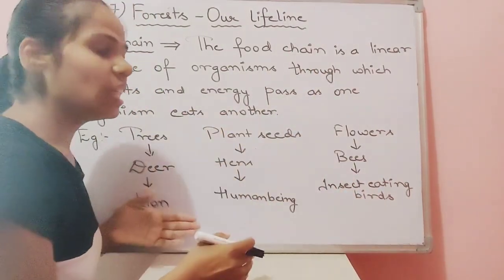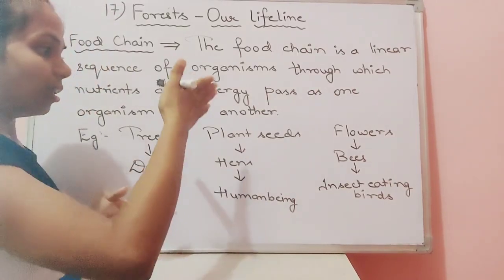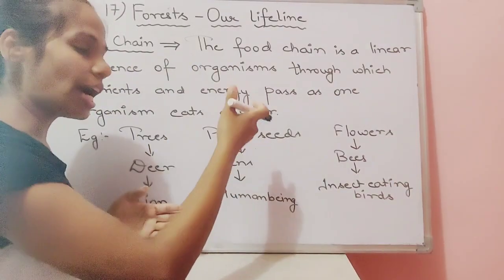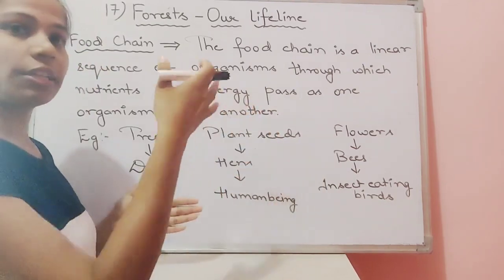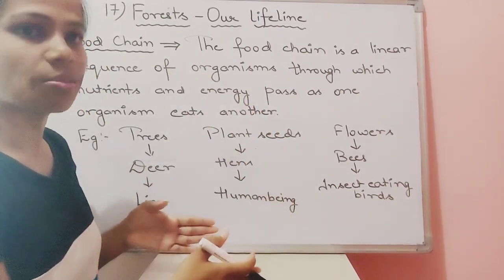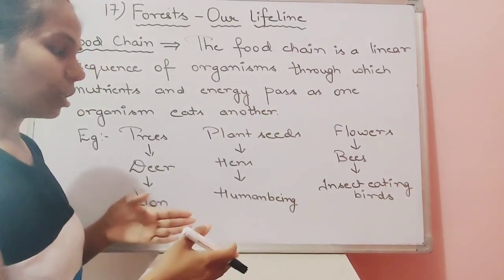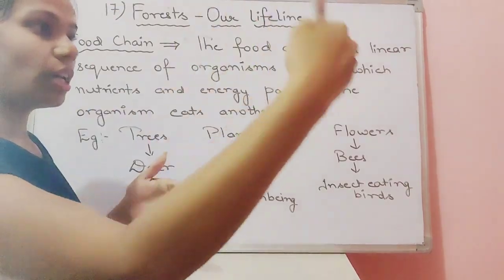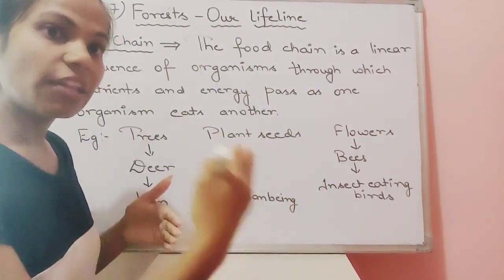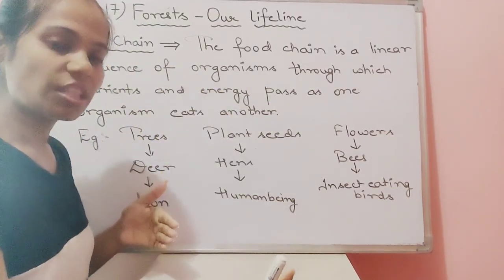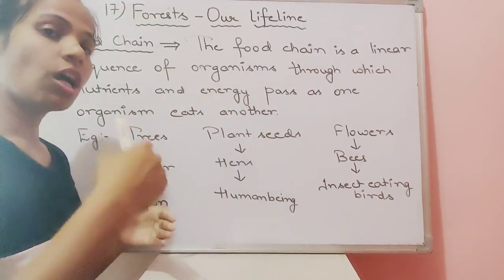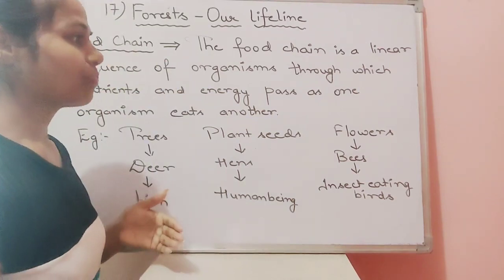It is linear. Okay. And mainly what is happening over here, the herbivorous animals are eaten by the carnivorous, carnivorous are eaten by the omnivorous. And this is how the chain of nutrients is passing on from one organism to another organism. Okay.